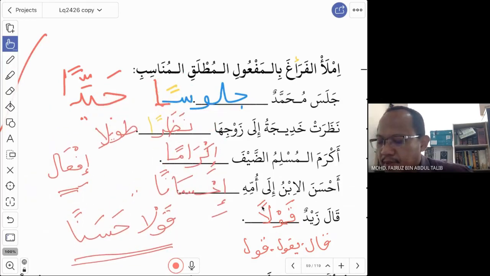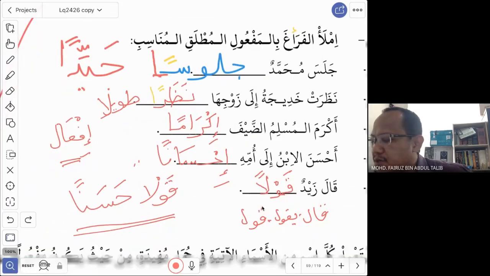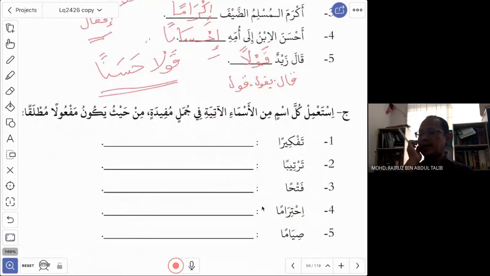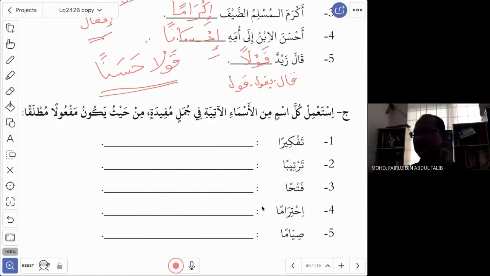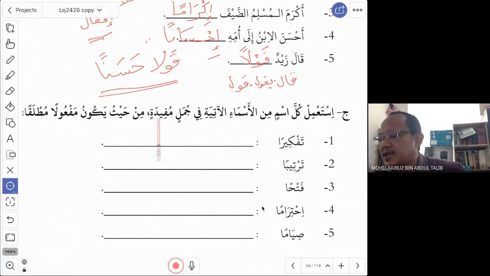Now, we look at the third one, the last tadrib for this topic, which is jumlah. Ista'mil kulla ismin minal asma'il atiyah fi jumlatin mufidah. So you use all these words in a jumlah mufidah. The first instruction, write using this word in a sentence.